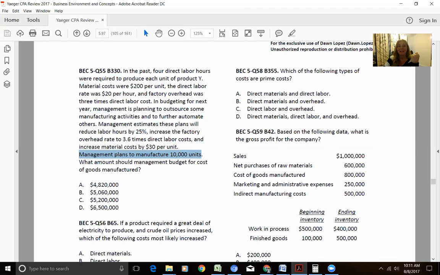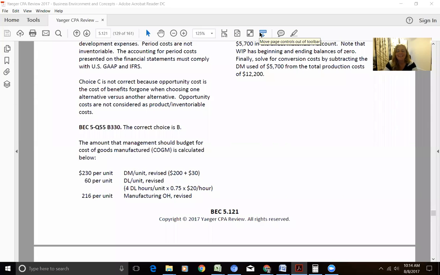So what we actually need to do here is take the information that's given to us about materials, labor, and overhead and figure out how we're going to add them up together. It tells us in the problem that the materials were $200 each, but it was going to increase by $30. So our new direct materials cost is going to be $230 per unit.